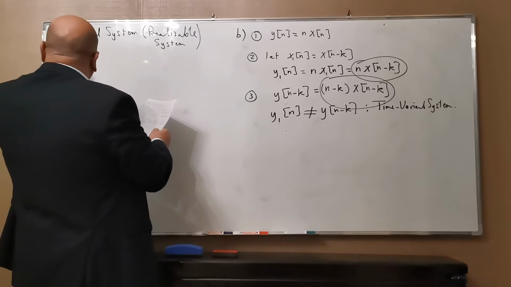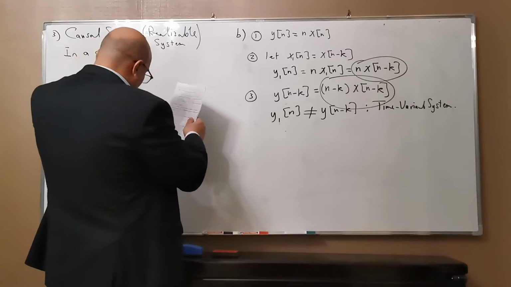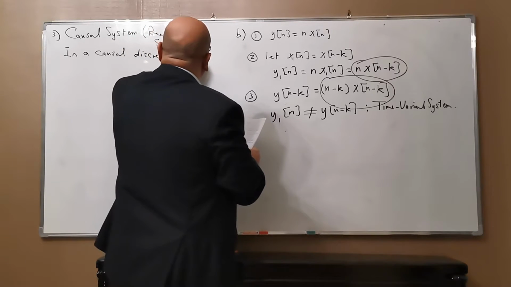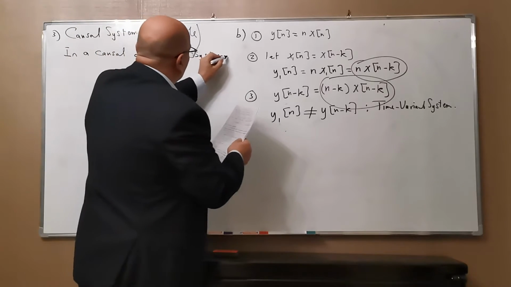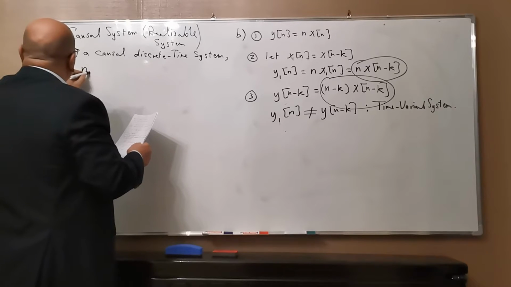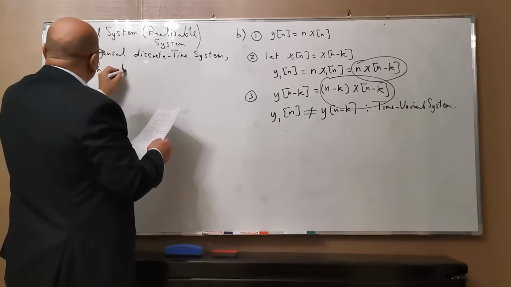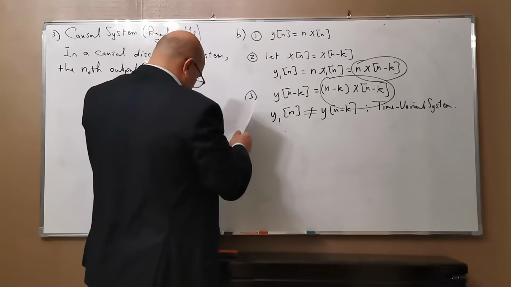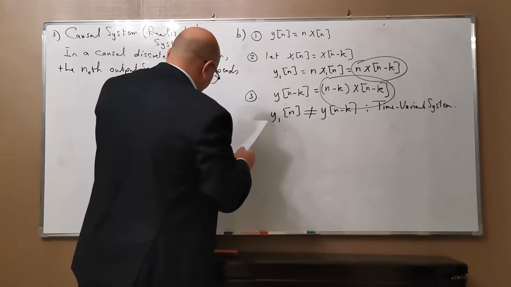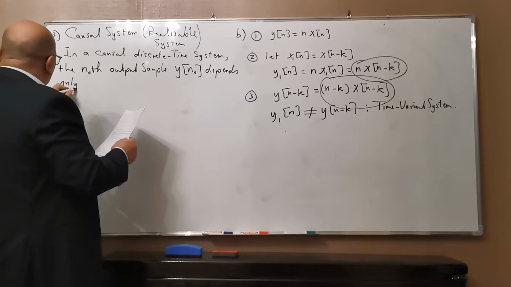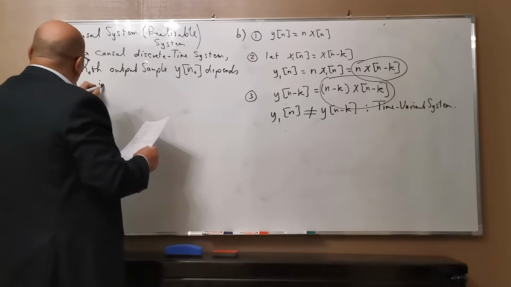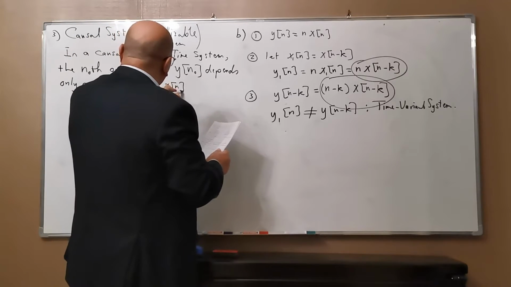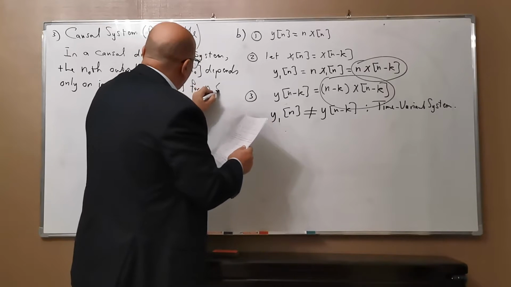Okay, in a causal discrete time system, the n-zeroth output sample y at n0 depends only on input samples x of n for n less than or equal to n0.